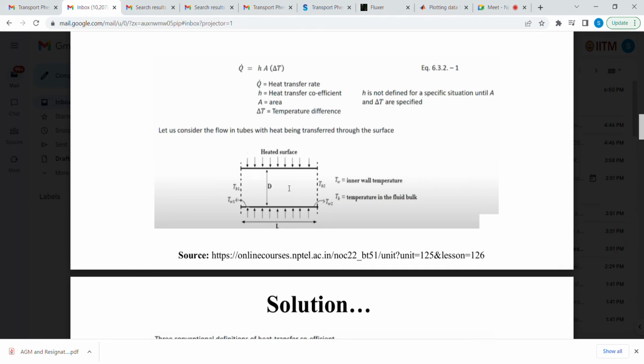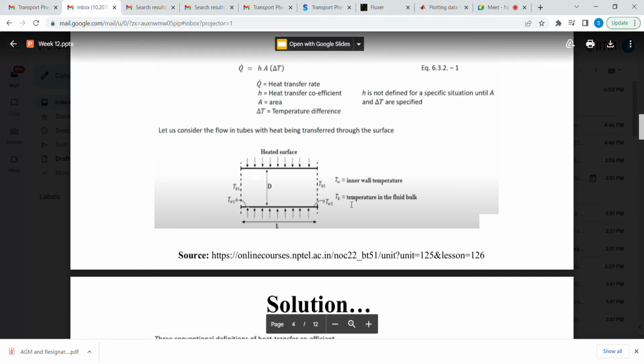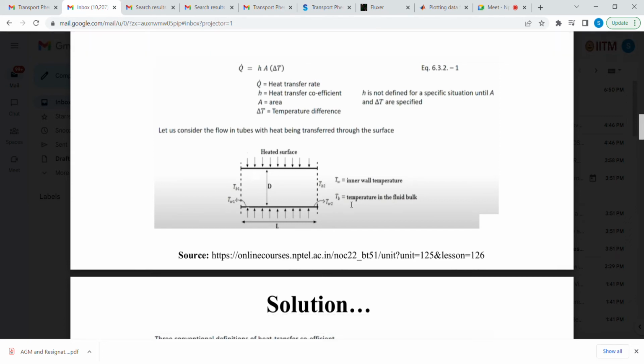This can be correlated to the shear stress, where the rate of change of shear with respect to the distance is zero at the walls.